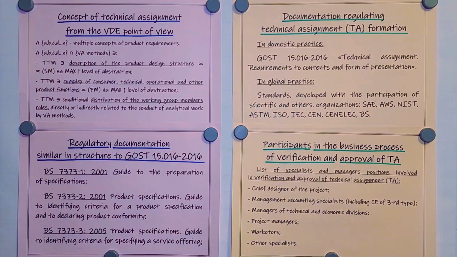Okay, separately, we should focus on the group of standards named British Standards, structurally quite close to GOST 15016. In particular, we are talking about the group of the following documents.